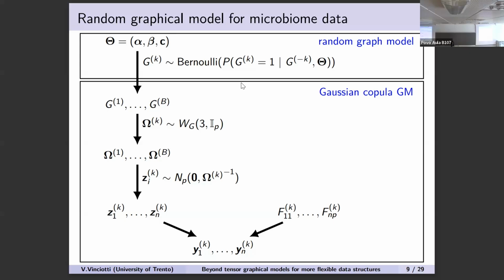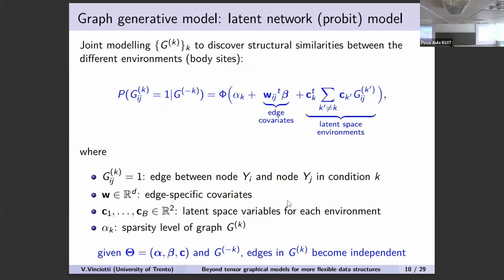There is one bit about how we define the random graph model, and a second bit about how we define the graphical models for each environment. This essentially defines the full model with the parameters theta, omega, and so on, which will then need to be inferred from data. The first one is the random graph model.